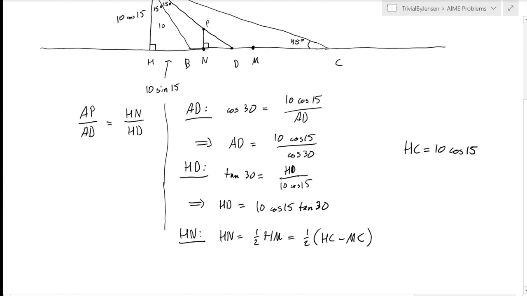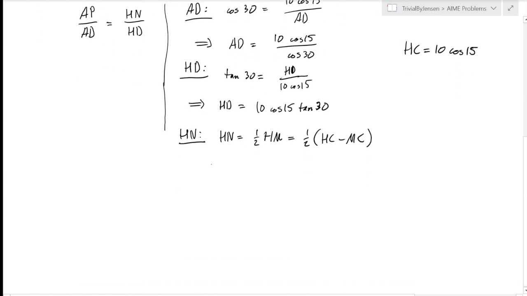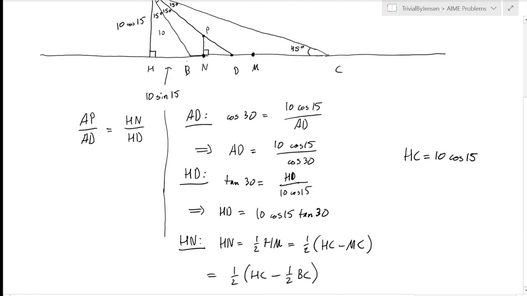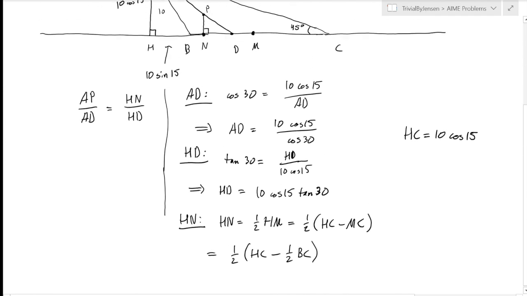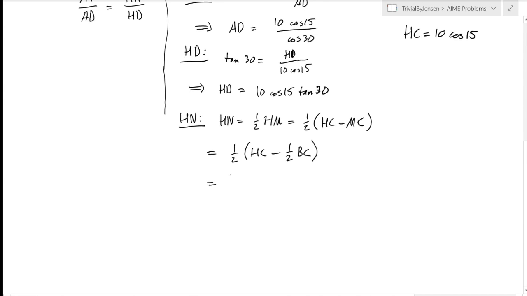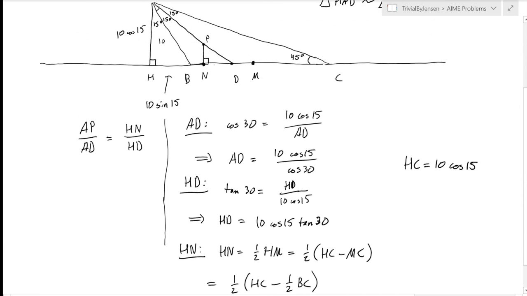That might be a bit confusing, so let's keep writing it out. One half HC, and remember MC is just half BC, because M is the midpoint. And finally we rewrite BC as basically HC minus HB.